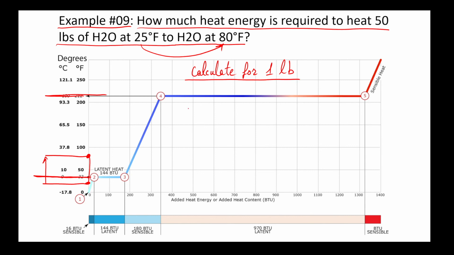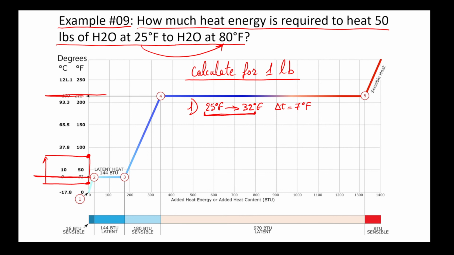So first is going from 25 degrees Fahrenheit to 32 degrees Fahrenheit. In this case, its sensible heat, delta T, is 7 degrees Fahrenheit. We know that H2O is ice in this range, and ice requires half a BTU to increase its temperature by 1 degree Fahrenheit.